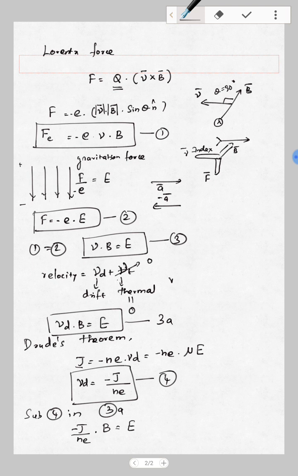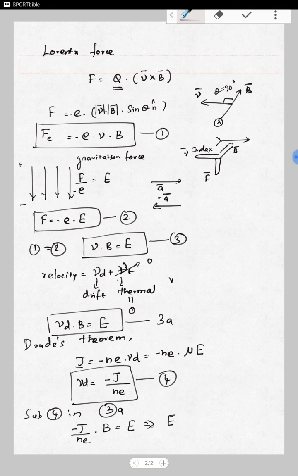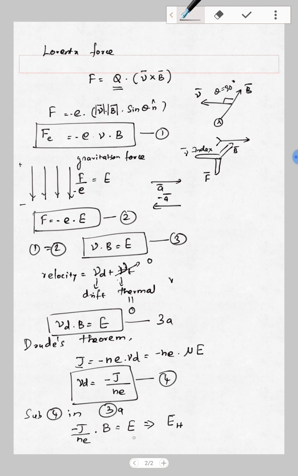So from here I can get E. Here E is nothing but whatever is generated due to the magnetic field, the Hall field. I just have to mention here that the field generated due to the magnetic field, measured across the conductor, is nothing but the Hall field.